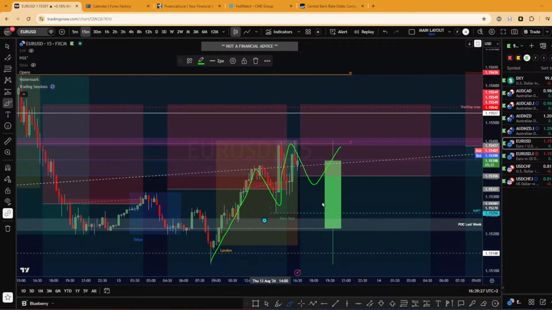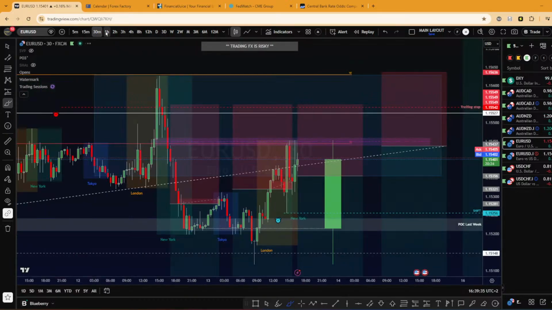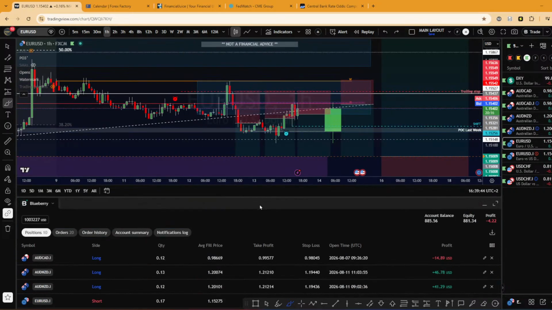So I need at some point a shift to confirm that we want to drop. But I will keep my eyes on this one. Okay, let's see. Yeah, back in drawdown again. Oh man, this is crazy.